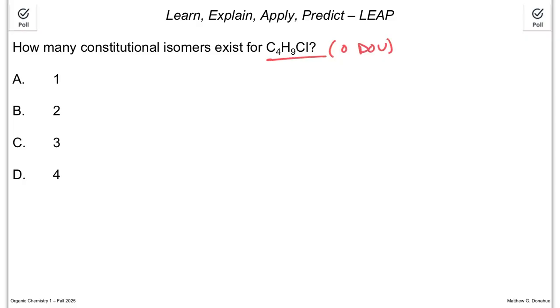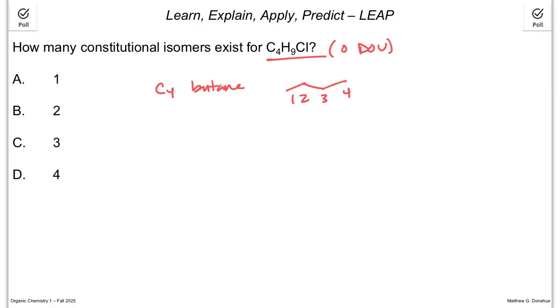So let's move up to now C4, and then to add a little flavor, we'll just use chlorine now as the halogen. With C4, we have the linear chain butane.